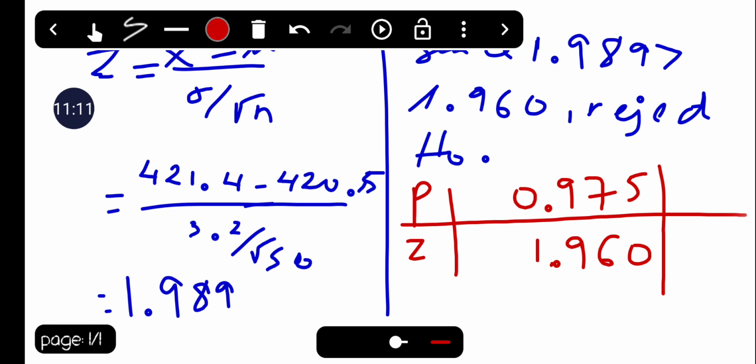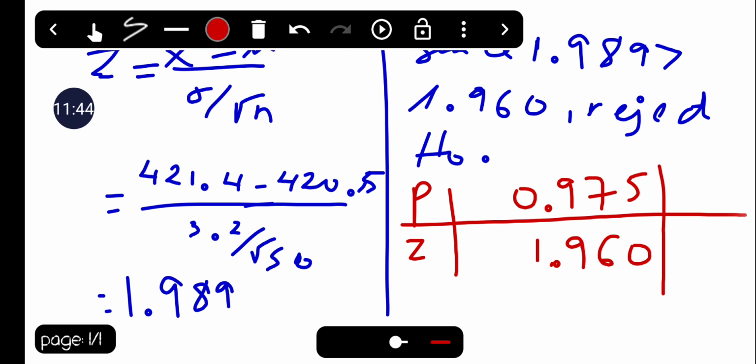You divide 5% by 2, which gives 2.5%. Now you subtract 100 minus 2.5, which gives us 97.5%, and 97.5% is the same as 0.975.